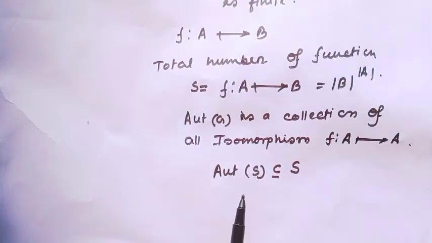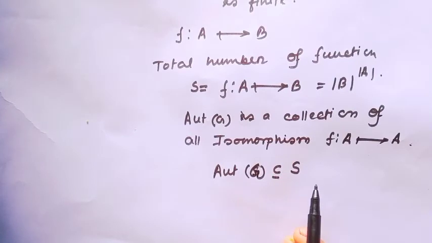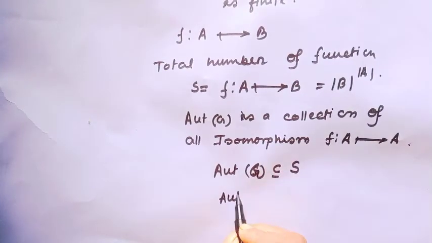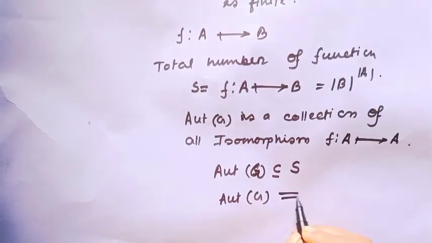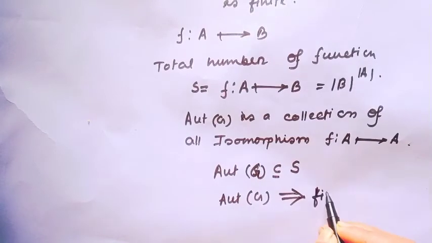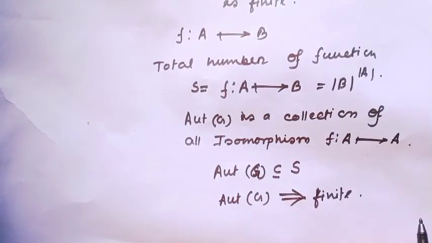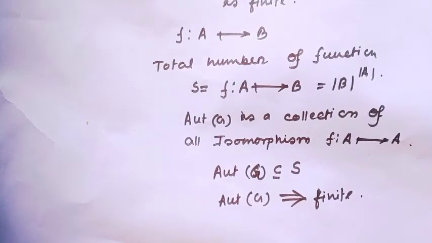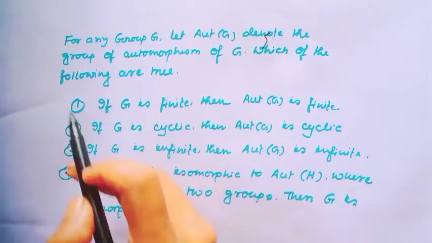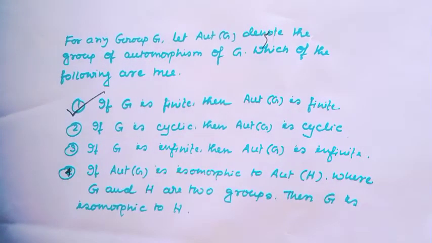Since Aut(G) is a subset of S, Aut(G) must be finite. That means option 1 is a right option.